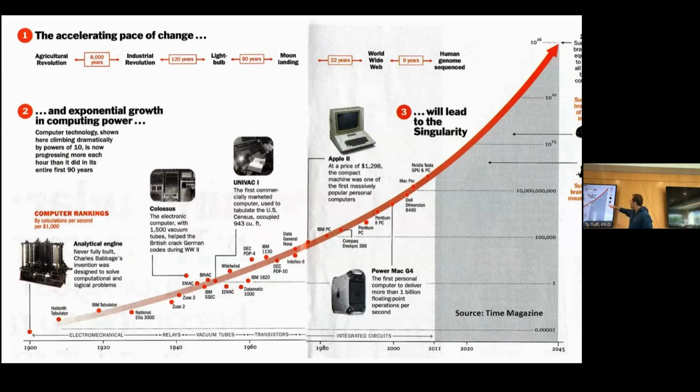The things I want you to pay the most attention to are in 2015, the typical laptop that the average person has became bigger than a mouse brain. In 2023, the typical computer outsized a human brain in its ability to compute. And by 2045, a single computer, one laptop will have more compute than the entire human population of the planet. In one computer, we'll have that much compute.